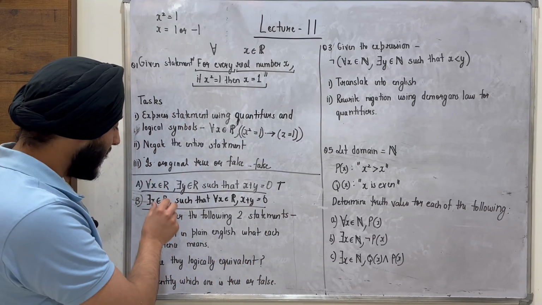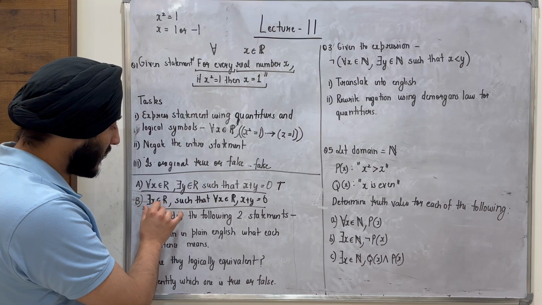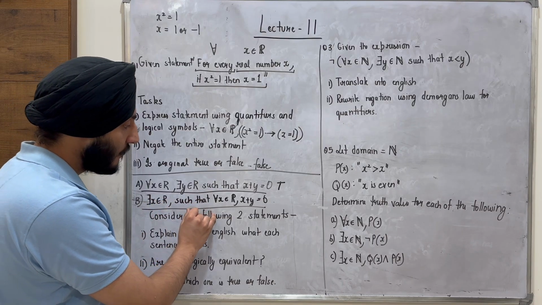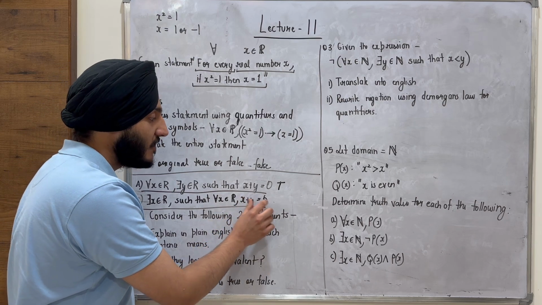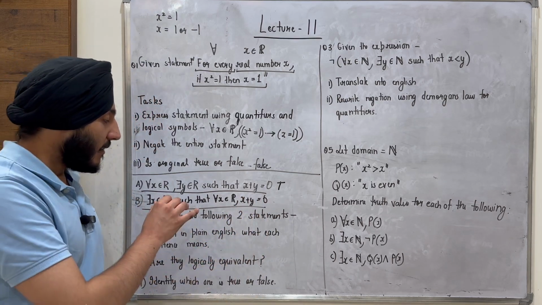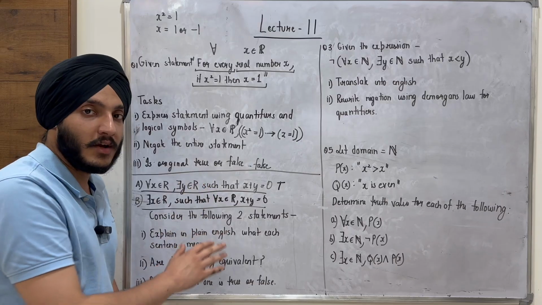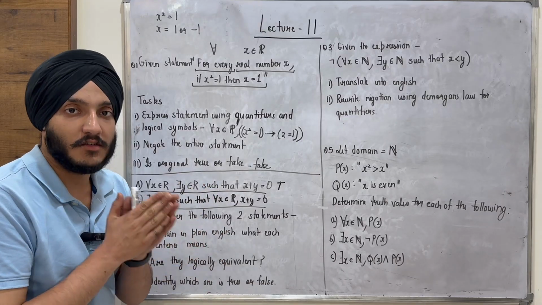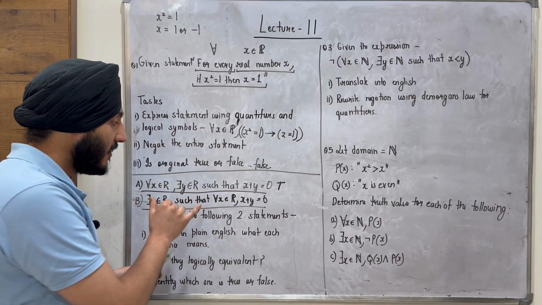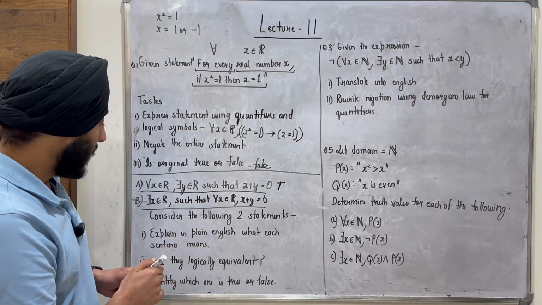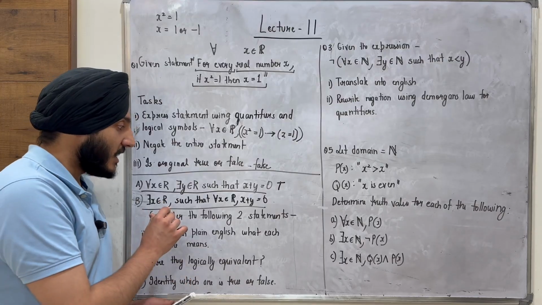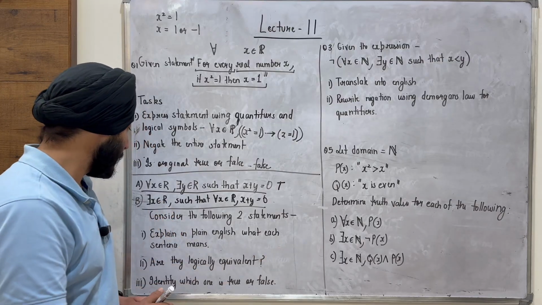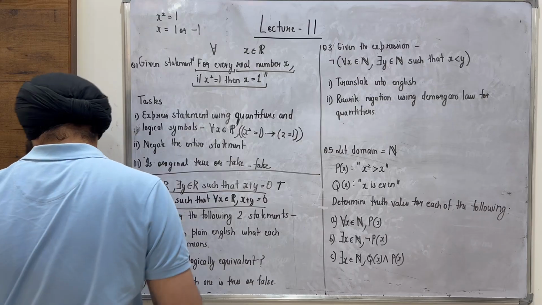B says there exists x, which is an element of the real numbers, such that for all x, which is also a real number, x plus y is equal to 0. Now, in the beginning, they might seem like very similar sentences, but they have quite drastic differences. Let's try to understand this one now.